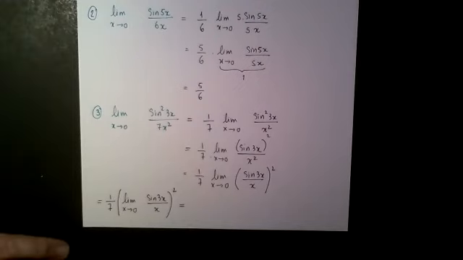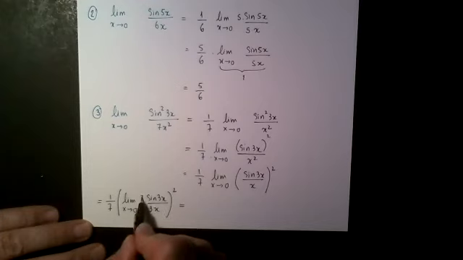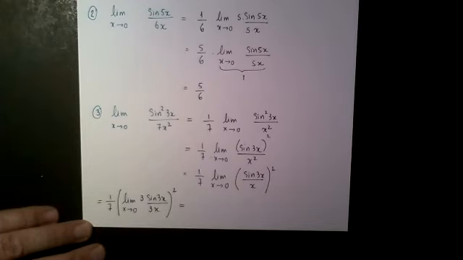Are we good? So this I know how to do, right? I'm going to multiply by 3 here and by 3 here. Then I want to extract the 3 outside the limit and then outside the power, so it'll come outside as a 9.